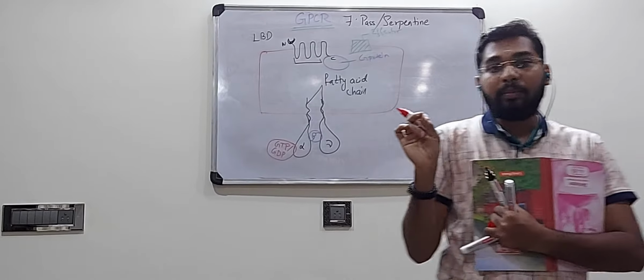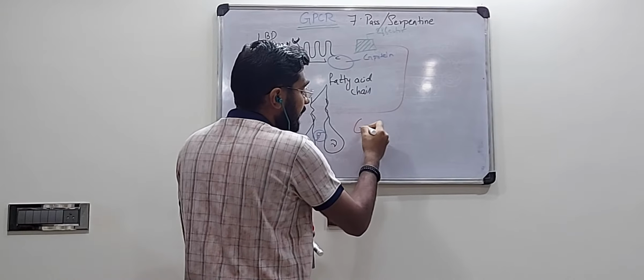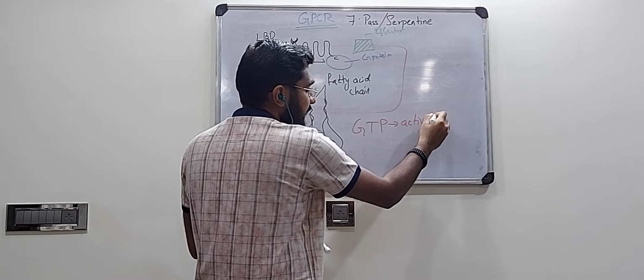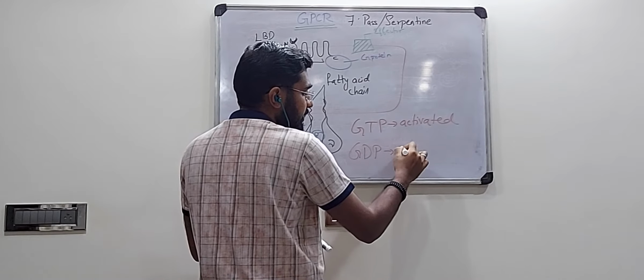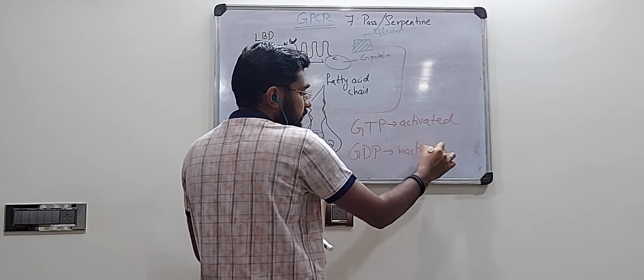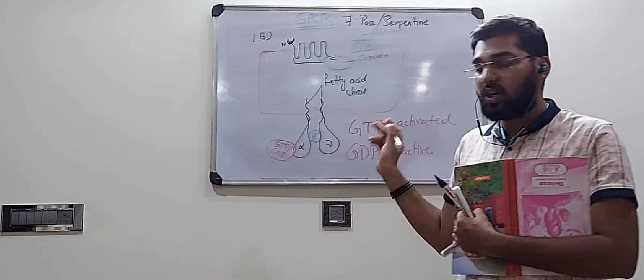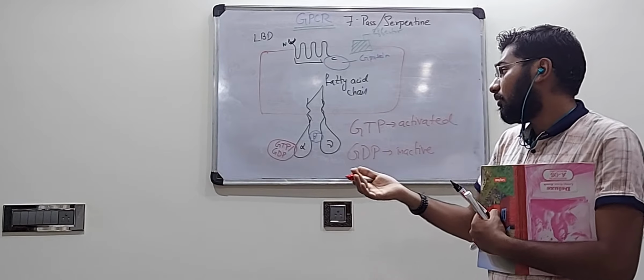One more thing to remember: if GTP is attached, then it is in activated form. If GDP is present, then this protein is in inactive form. So this we have to remember. If GDP is there, this protein is in inactive form. It has not yet been activated.